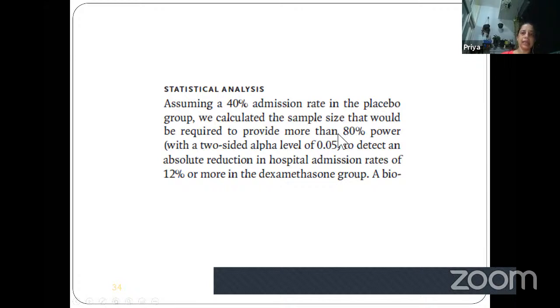They set 80% power, which means the type 2 error was 20%. They had an alpha of 5%, so the type 1 error was 5%. And they decided that the DEXA group would reduce hospital admission rates by 12%, from 40% to 28%, which means a 28% hospital admission rate in the DEXA group.